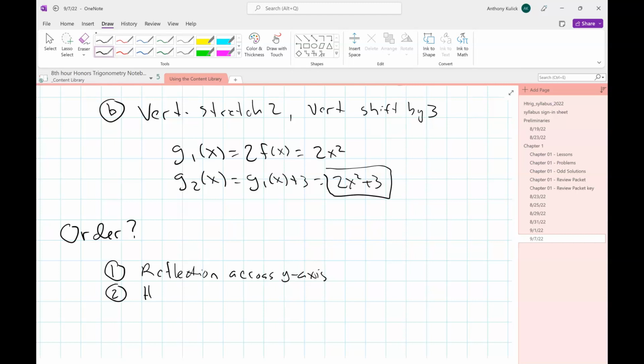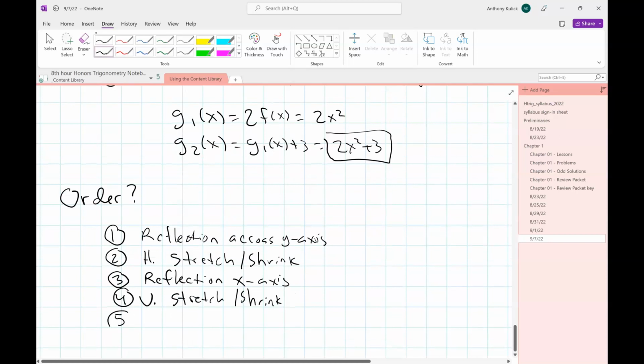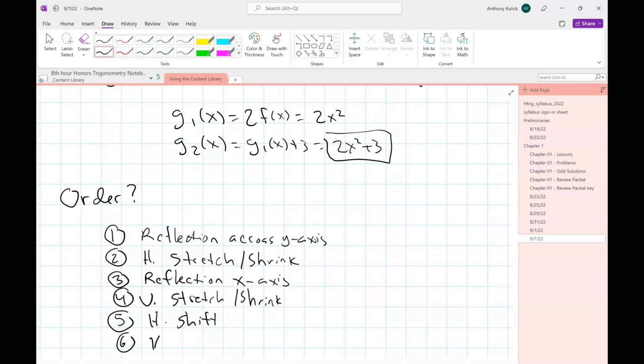And then the horizontal stretch or shrink. Then the reflection over the x-axis. And then the vertical stretch or shrink. And then the horizontal translation. And then the vertical translation.